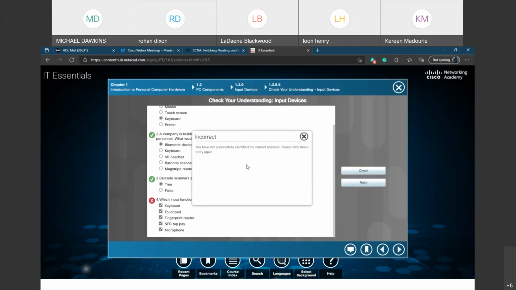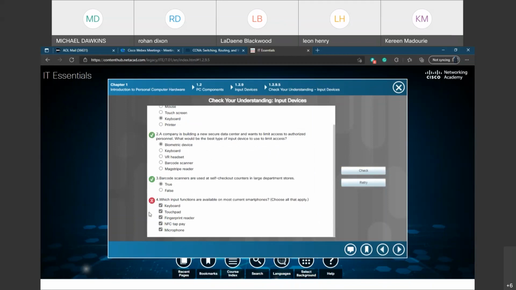All right, so we don't have to reset. We're talking about input devices, right? And it said which functions are on most current smartphones. Keyboard is not. You have a fingerprint reader, yes. You have near field for pay.